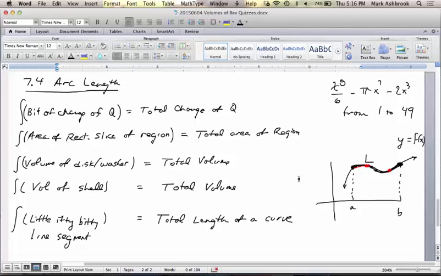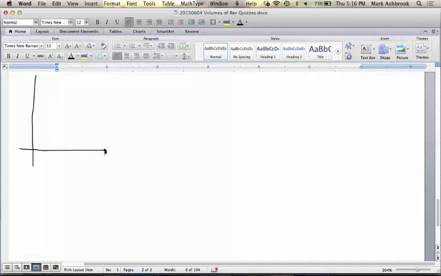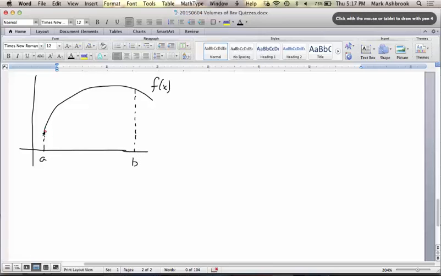Okay, so let's see how that works. Say we want from A, this is f of x, and we want from A to B. So like we said, we're going to split this thing up, and we're going to look at line segments.